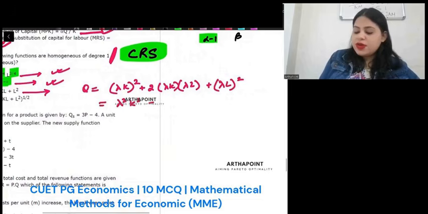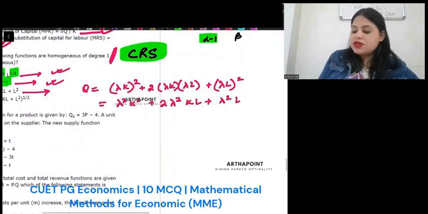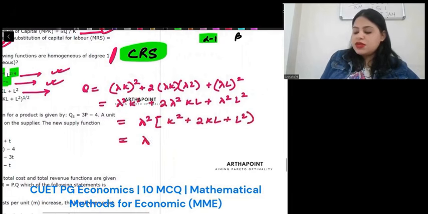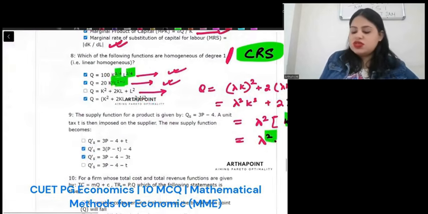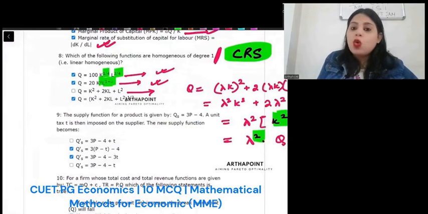Lambda square k square plus 2 lambda square kl plus lambda square L square. I can take lambda square common, k square plus 2kl plus L square. Lambda square into initial q. That was the initial q itself. So power of lambda is 2. So this is a homogeneous of degree 2.